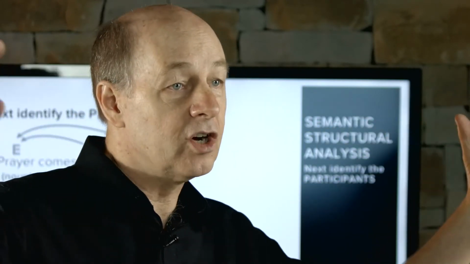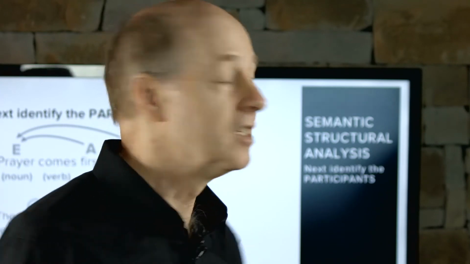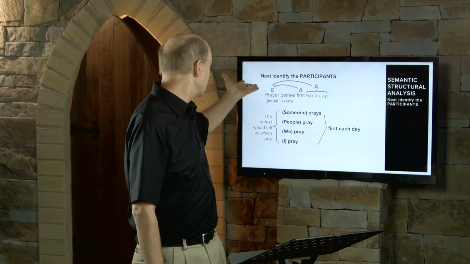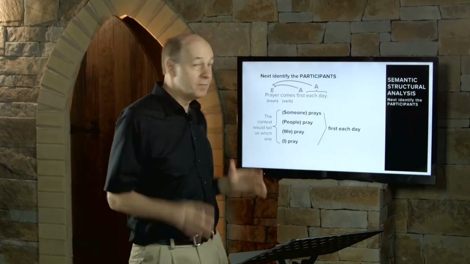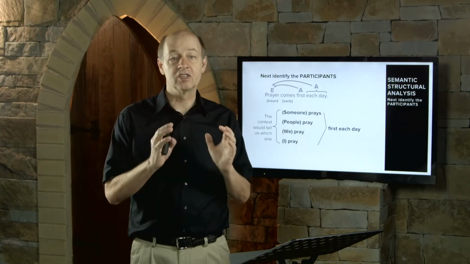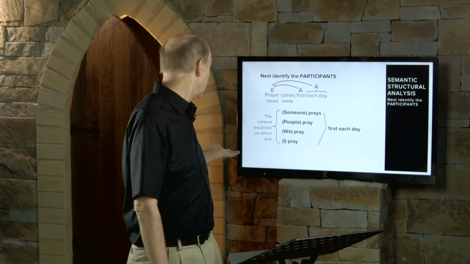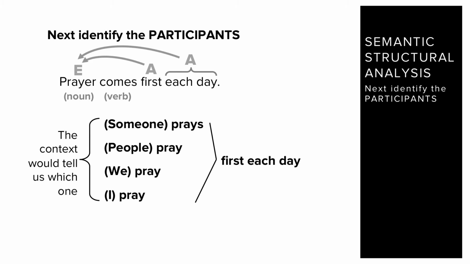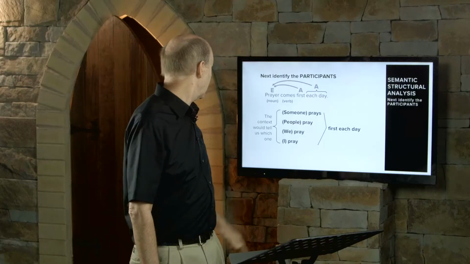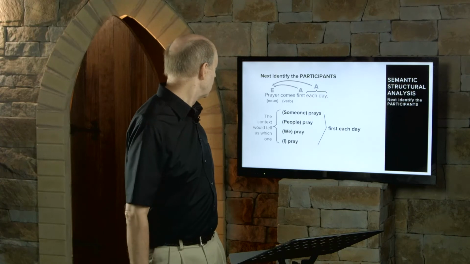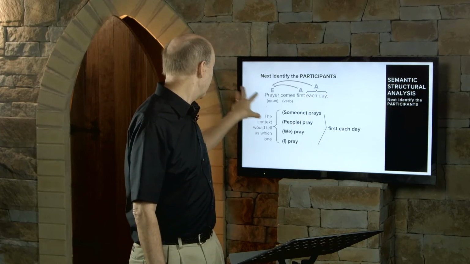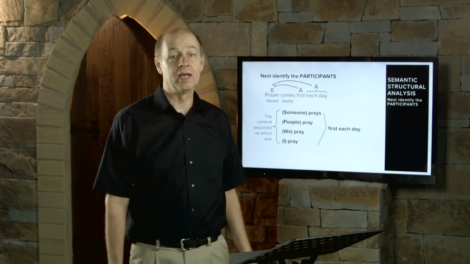If we had the broader context for each one of these sentences, perhaps we would know the thing concepts or the participants that are simply implied here. But someone prays, or people pray, or we pray, or I pray, first each day. And first and also each day are attributes also describing this event of praying.